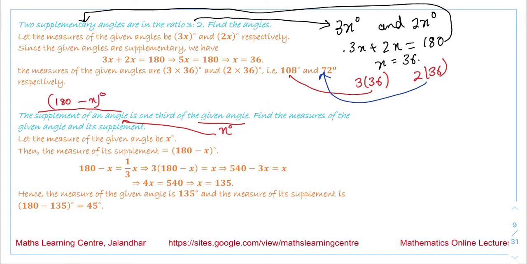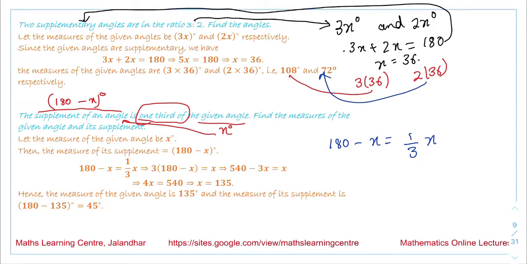We know that if the given angle is x, its supplement will be 180 minus x degrees. What we have to do is find the measure of the given angle and its supplement. It is given that the supplement is 1/3 of the angle, so this equation says that 180 minus x is 1/3 of the given angle.